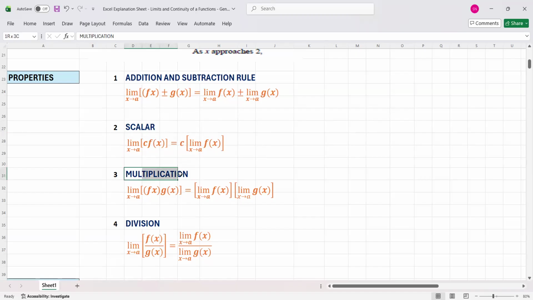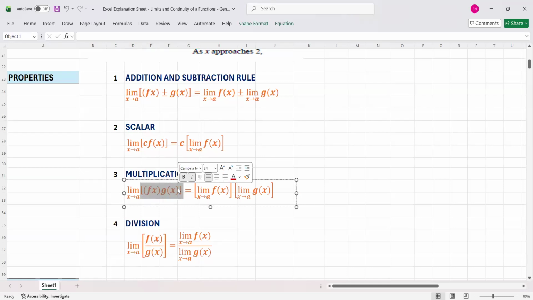For multiplication, if two functions are multiplying, f of x times g of x, let's say 2x times x squared plus 1. Instead of multiplying 2x and x squared plus 1 and getting a cubic function, we can rather find the limit of the 2x and then the limit of x squared plus 1 and substitute the limit values into it.